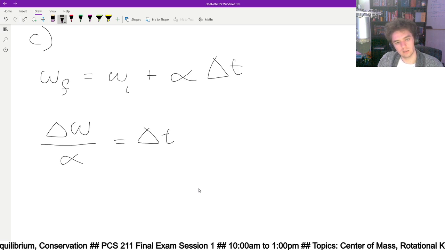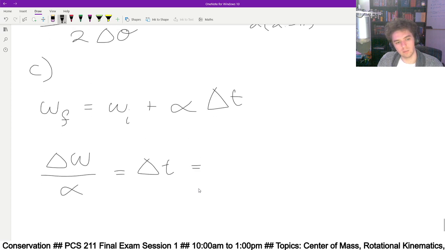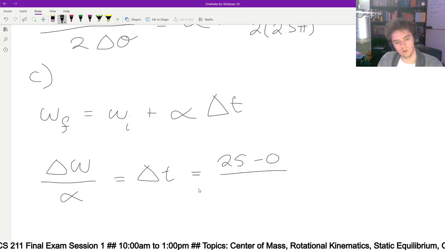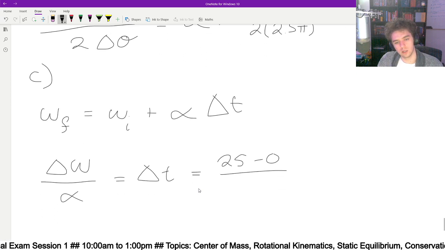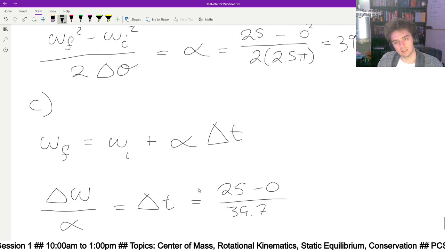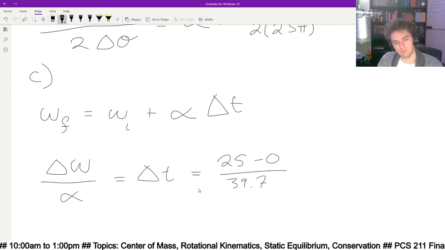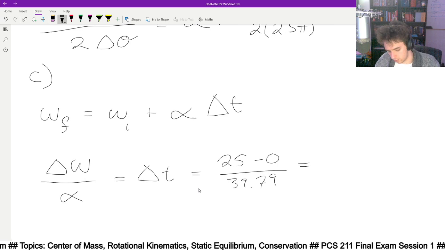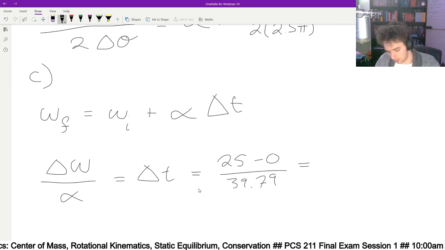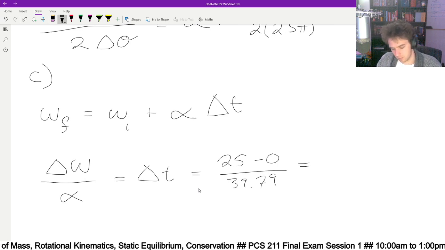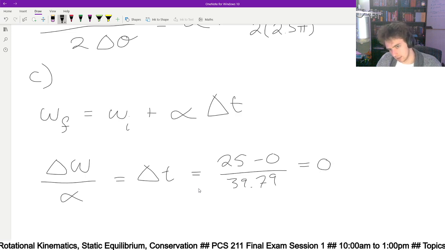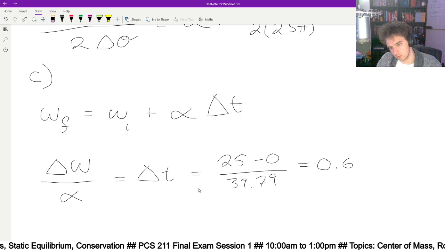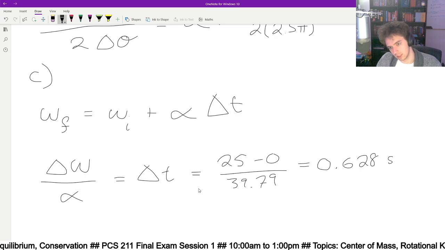Delta omega is 25 minus 0 over the acceleration, which was 39.79. So 25 over 39.79, I got 0.628 seconds.